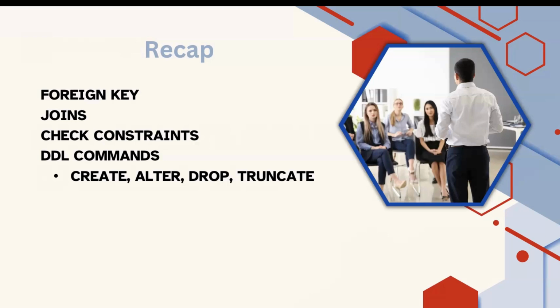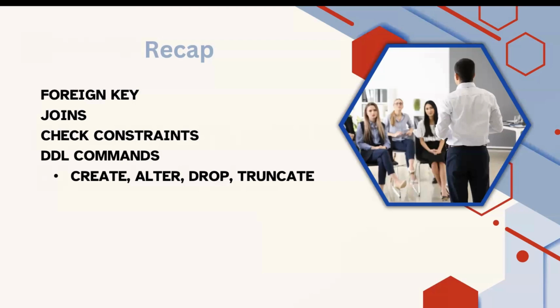Then we spoke about the different DDL commands, that is, data definition language commands. These commands define the structure of the table. DDL commands are used to create, alter, drop, and truncate the structure of the table. For example, the create command is used to create a table. The alter command modifies the structure, like adding or deleting columns, changing a column's data type, or adding a constraint.